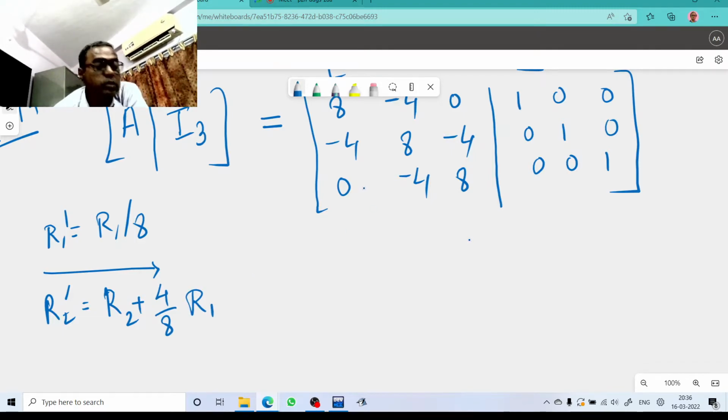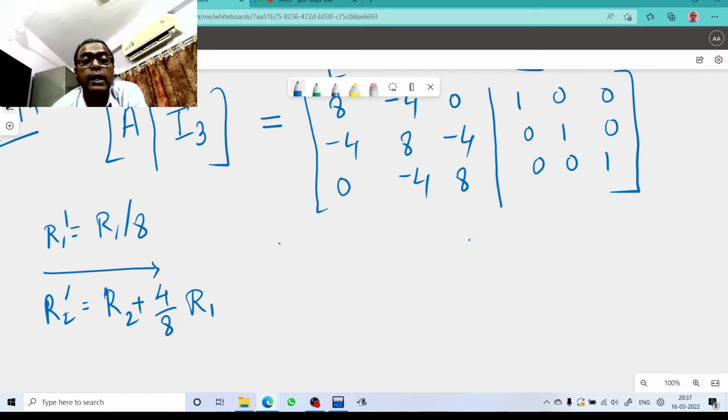So actually we want the elements 0 in the 2 1 position and 3 1 position. The 3 1 position is already 0 here, so we apply this: 8 becomes 1 by dividing the first row by 8, and in the 2 1 position minus 4 becomes 0 by this second row operation.